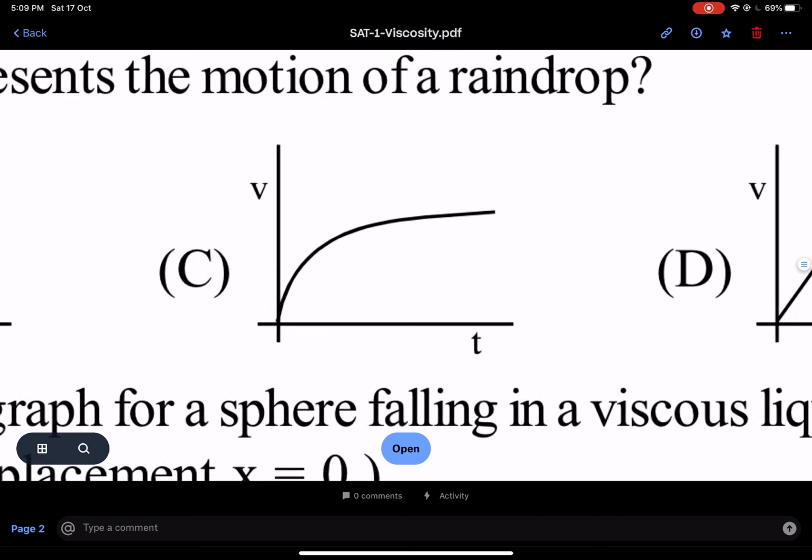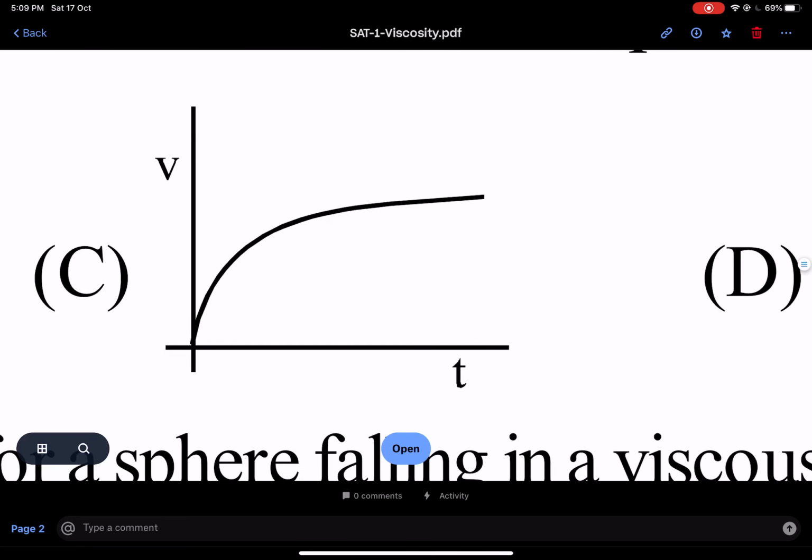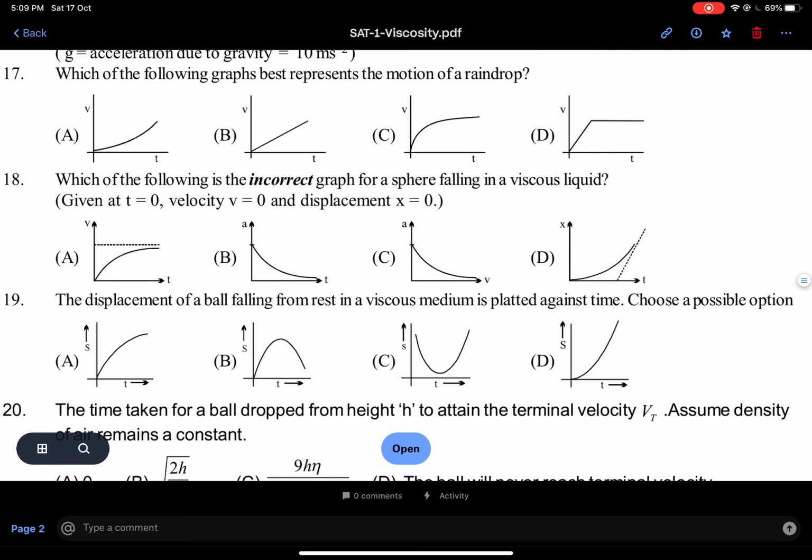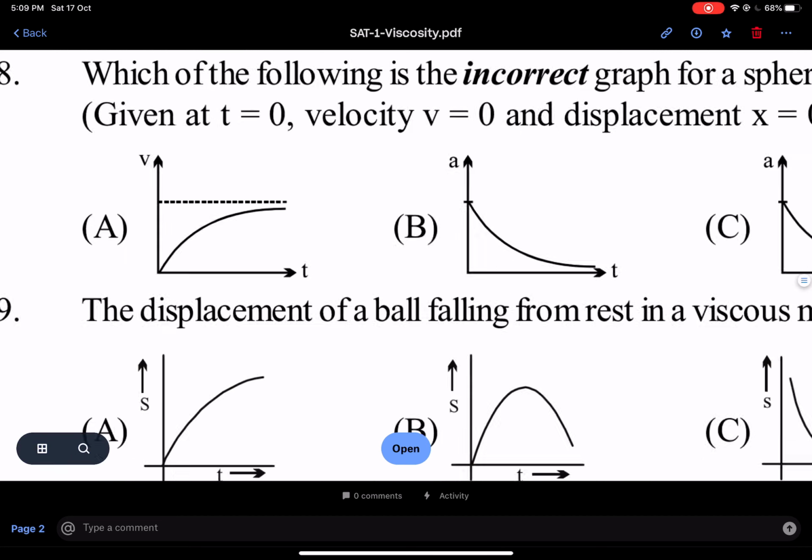So the correct option will be C, because the velocity versus time graph is like this, and the slope represents acceleration. Initially the acceleration is high, and slowly, as the drag force keeps catching up with the driving force, the acceleration tends to become zero. Which of the following is an incorrect graph for the sphere falling in a viscous liquid? So A is correct.